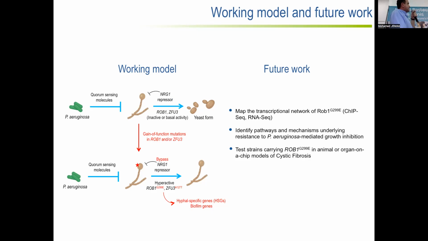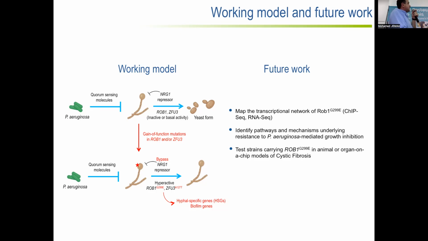So the future work for us is to really map the transcriptional circuitry of ROB1 using a combination of ChIP-seq and RNA-seq, look at the dynamics of gene modulation by those mutated transcription factors, and identify pathways and mechanisms that underlie the resistance to Pseudomonas aeruginosa. Maybe this resistance occurs through resistance to quorum sensing molecules released by Pseudomonas aeruginosa.